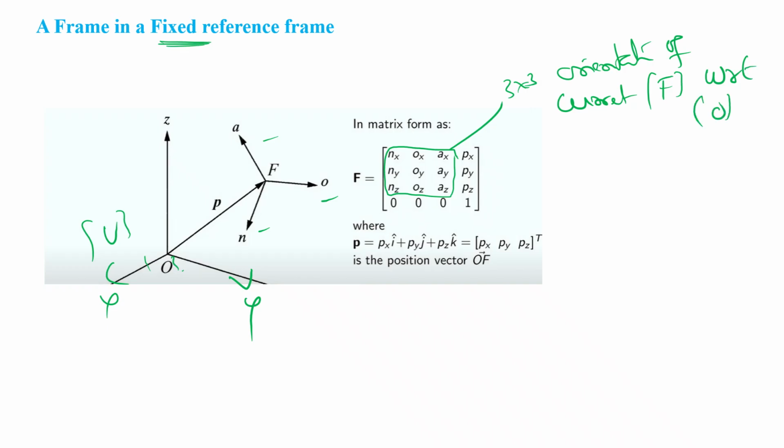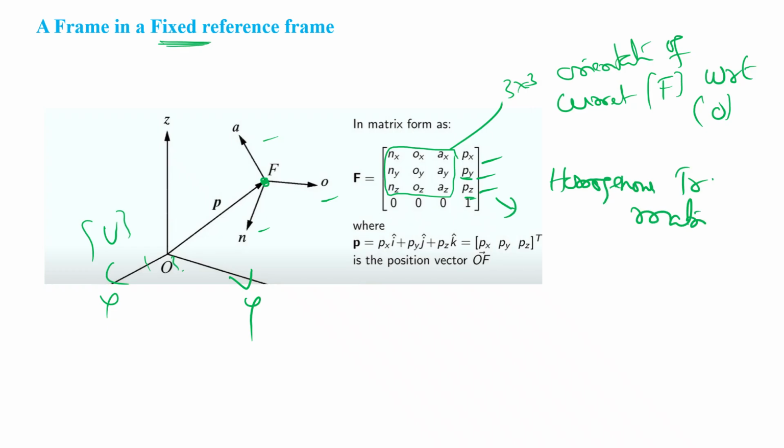And then what are Px, Py, Pz? They say how far it has moved away, translated. Px is how far it is away along the x-axis, Py is how far the current frame has moved away along the y-axis, and then this is the z-axis. This matrix is called the homogeneous transformation matrix.